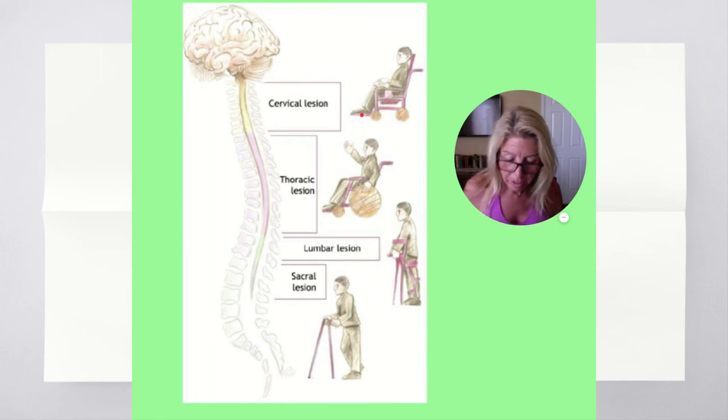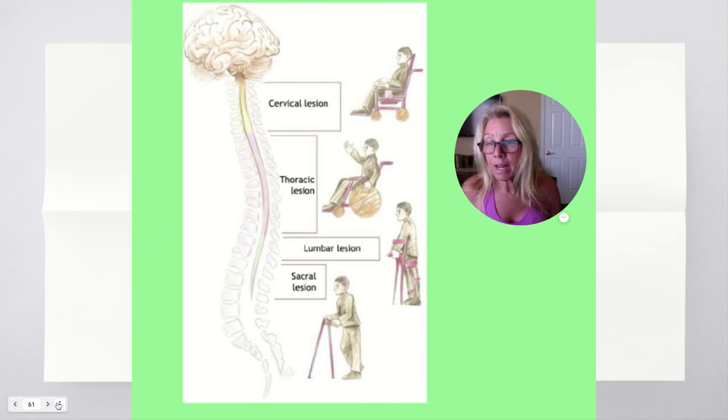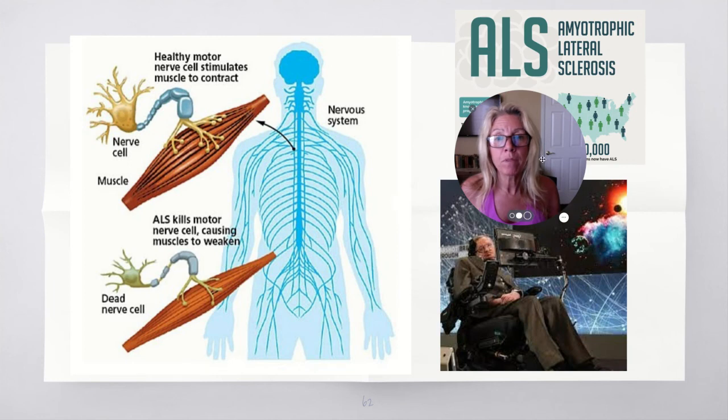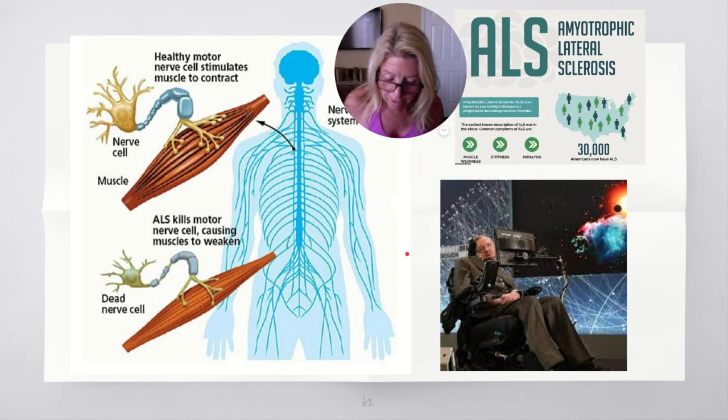All right, so depending on the location and the extent of the damage. And then ALS, Lou Gehrig's disease, it affects motor nerve fibers, and usually on the onset of ALS, you have about 5 years to live after that.